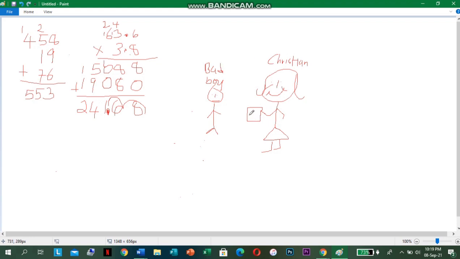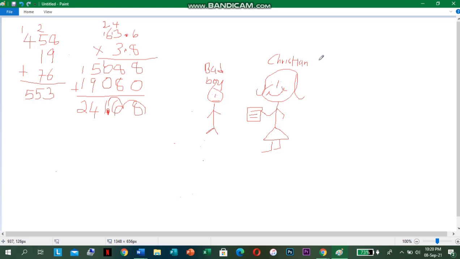So this lady has her Bible in her hand. This is her Bible. And this lady converted this boy, this bad boy, to be the same thing that she is. And what she is, a Christian.